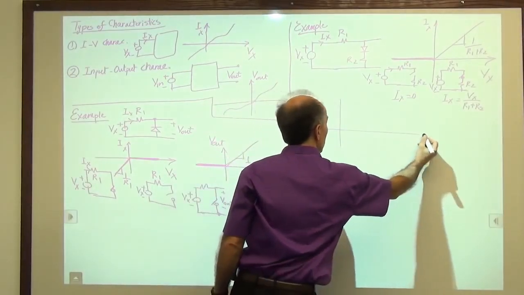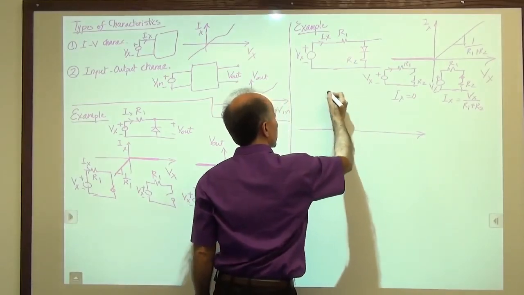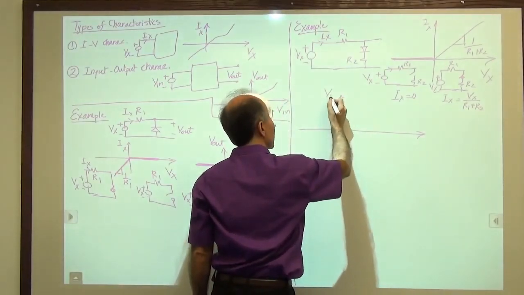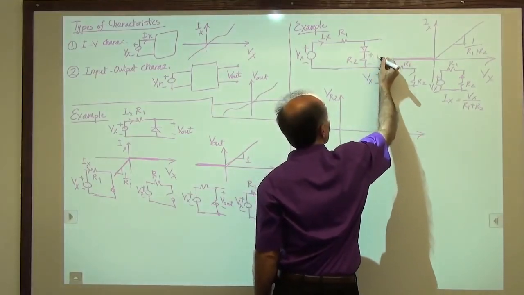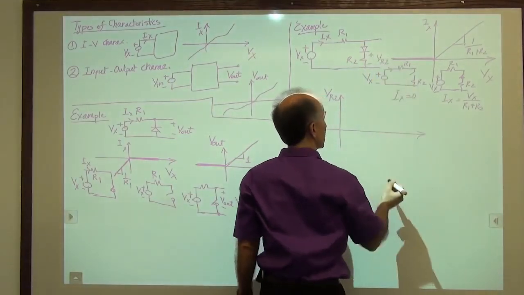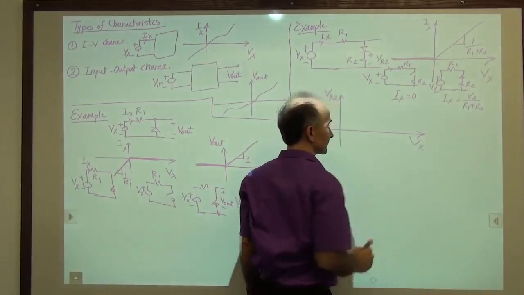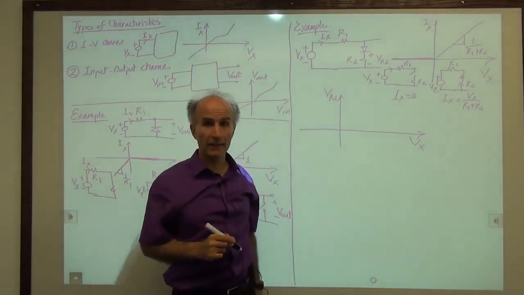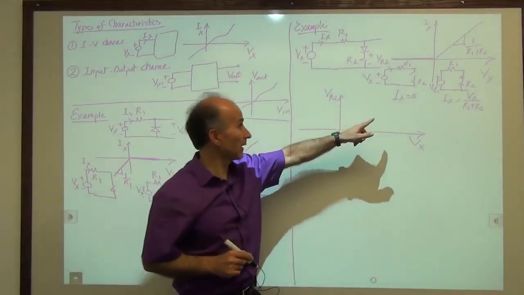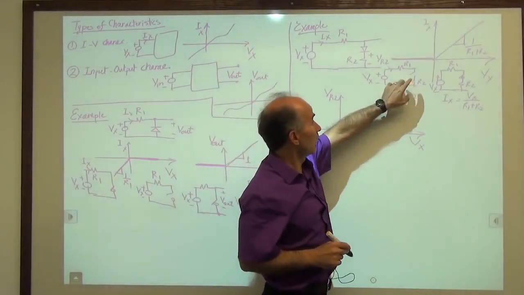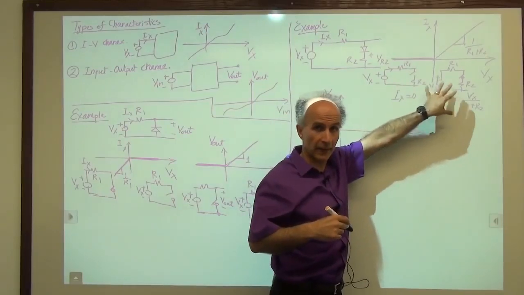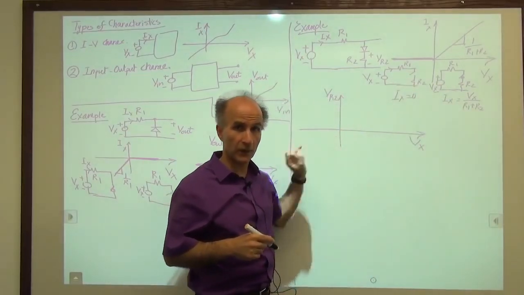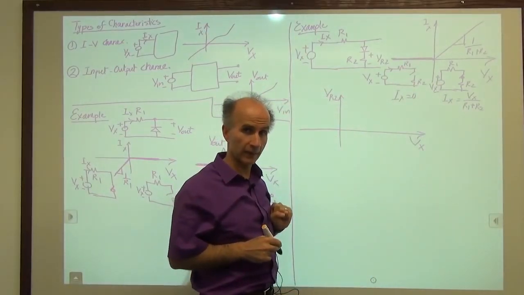So no problem. Again, we draw our plane. We will call this VR2. VR2 will be this voltage, VR2, as a function of Vx. Now the analysis that we did originally will help us here because we determined what the circuit looks like when Vx is negative or positive, and these results will help us in constructing this characteristic as well.